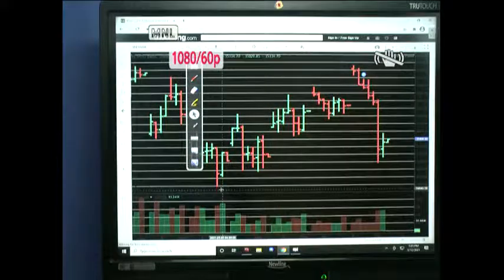From this level, that is from where the correction ended, to this place, let's draw the Fibonacci.